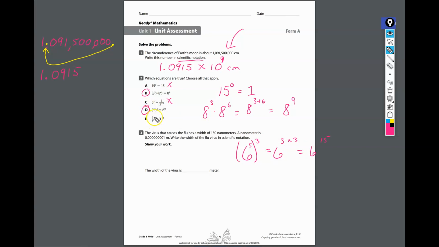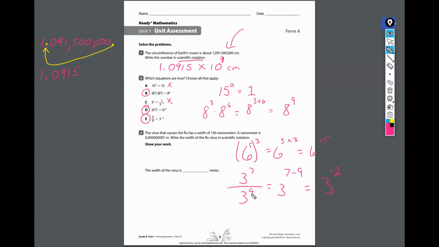E, when they're stacked, you subtract. Start at the top. So we will have 7 minus 9. 7 minus 9 gives me a negative 2 for my new exponent. So that one's correct. Notice the work that I'm showing. You'll need to show work on your exam.